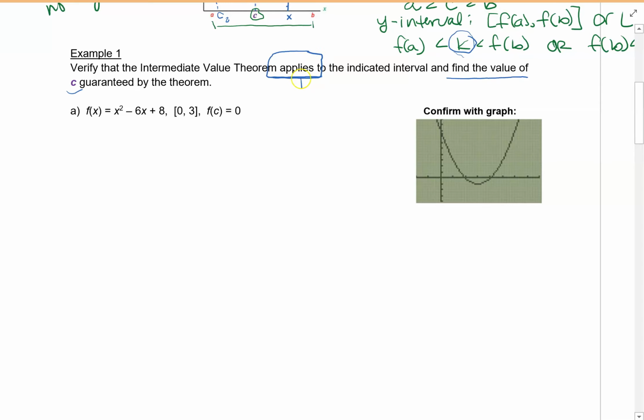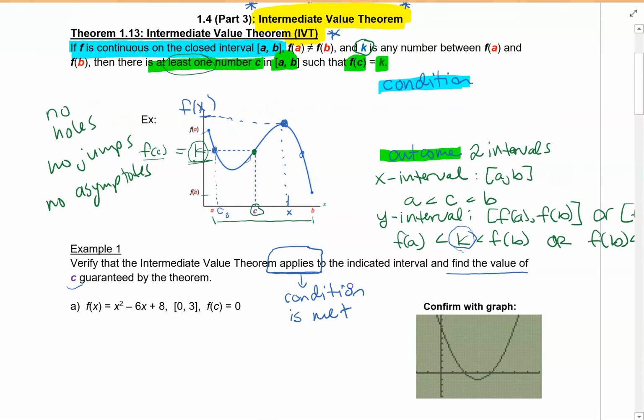Okay, so what does it mean for the intermediate value theorem to apply? It means that the condition has to be met. And what is the condition for the intermediate value theorem? The condition is that f of x has to be continuous on the closed interval a to b.